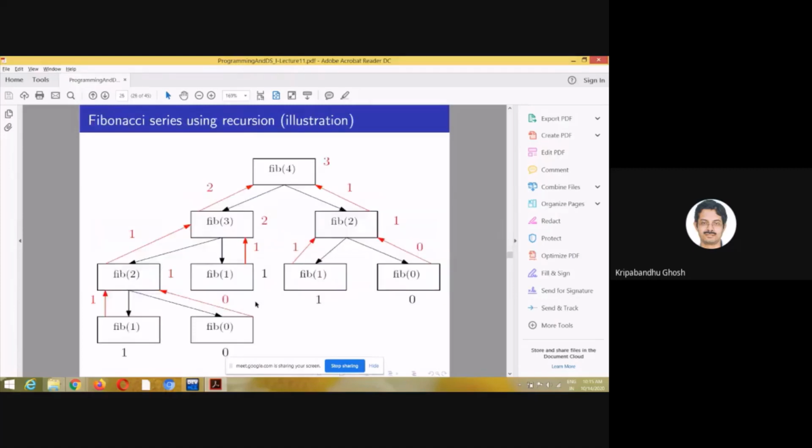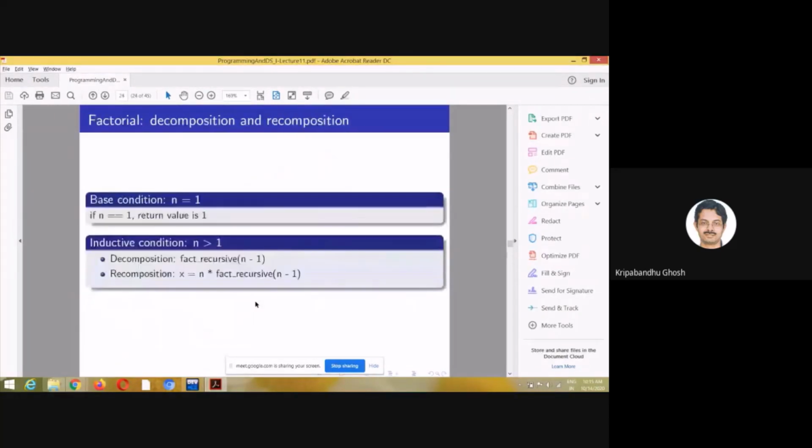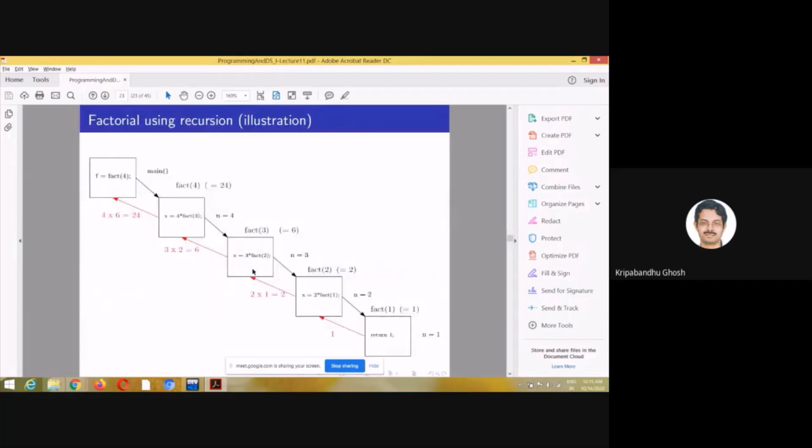Like I talked about the factorial example, right? So in the factorial example, you see that at every step I am subdividing the problem. What do I mean by subdivision? It is basically reducing the value of n. What is n? N is the size of input, right?